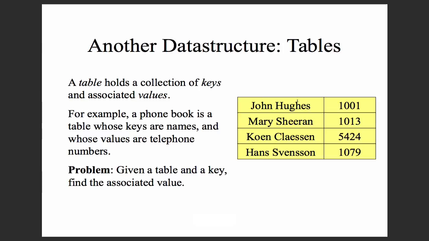And for each key, there is a corresponding value. So in this particular table, this is representing telephone numbers, internal telephone numbers. For every key, which here is a string, there is an associated value, which here is an int, let's say. So that might be a representation of a phone book.